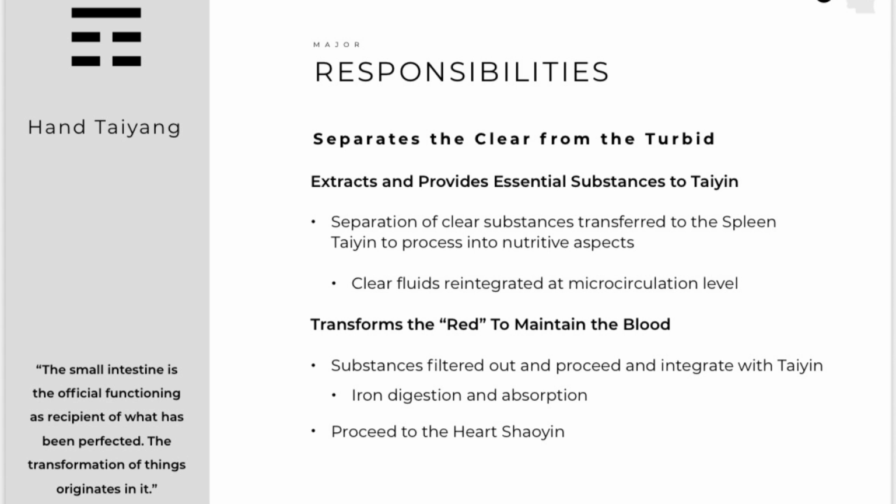So really, substances are being filtered out and processed and integrated within Tai Yin. This is helping with iron digestion and absorption, and then within all the blood, it's being sent into the blood vessels to the heart, and then the heart is moving it all.